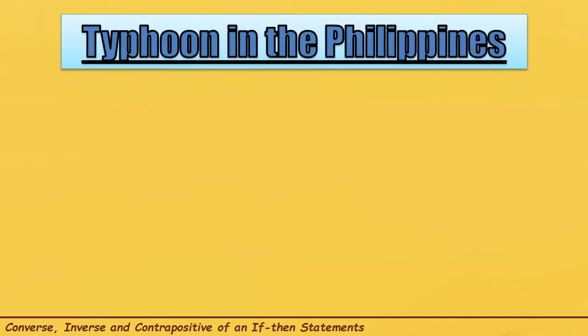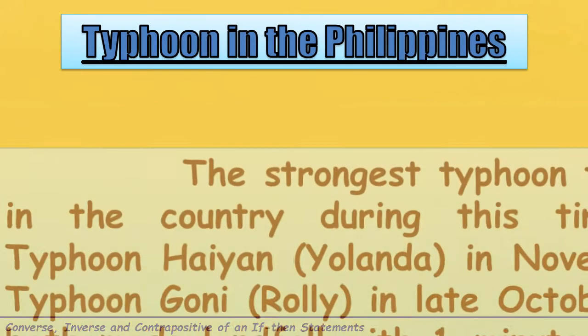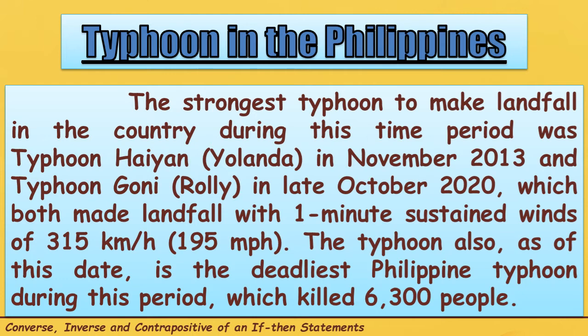Let us talk about typhoons in the Philippines. The strongest typhoon to make landfall in the country during this time period was Typhoon Haiyan or Yolanda in November 2013 and Typhoon Goni or Rolly in late October 2020, which both made landfall with 1 minute sustained winds of 315 kilometers per hour or 195 miles per hour.